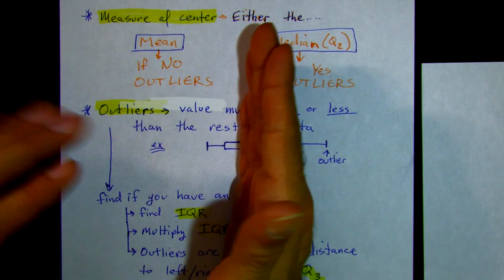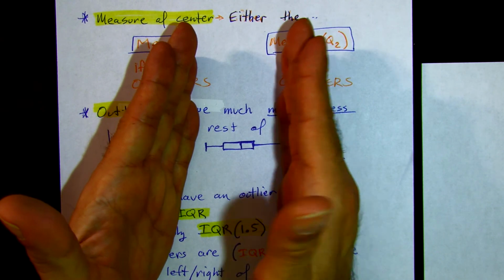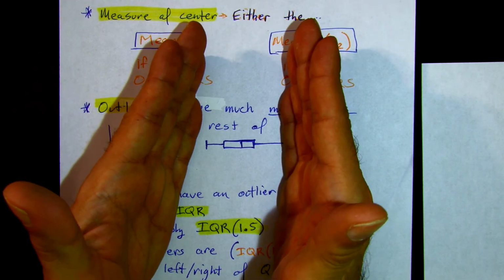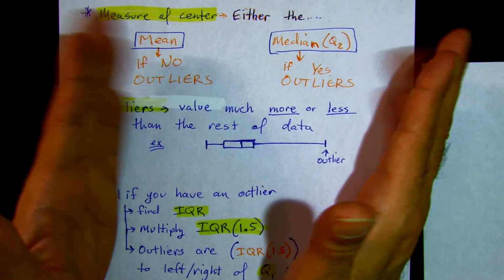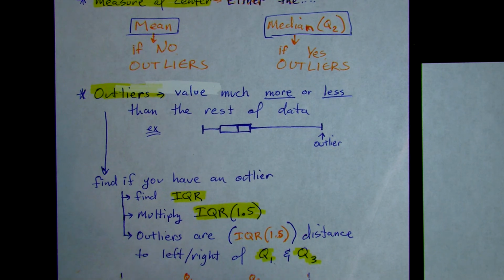Where are the fences? Is the outlier anything outside of my hands there? Is it anything outside here? Is it way out here? This is like the fence where anything on the outside is an outlier. We need to figure out what is the actual value where outliers are going to begin. If the number is bigger than this certain value, it's going to be an outlier.